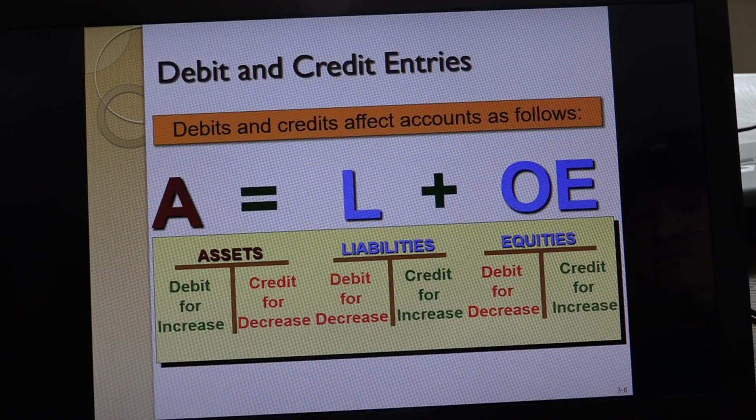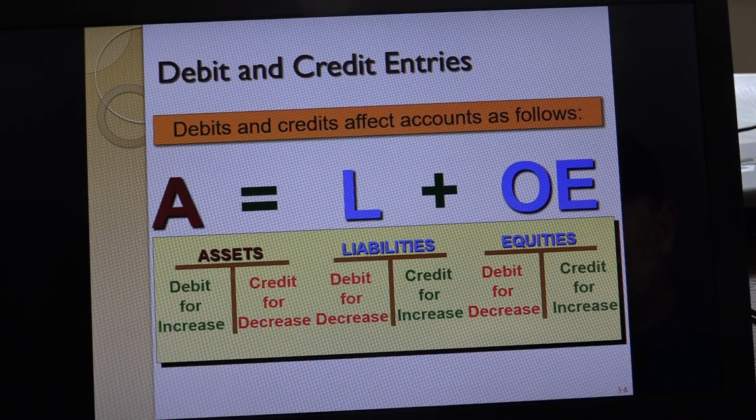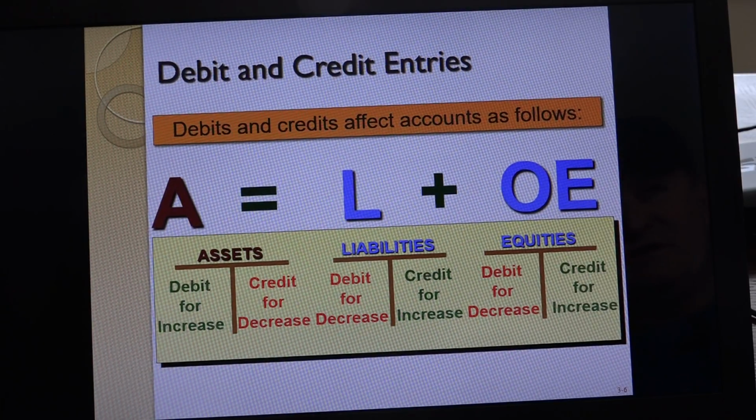All right, so this kind of proves my point. You increase an asset by debiting it, you decrease it by crediting it, just the reverse for liabilities. You debit for a decrease, you credit for an increase. And then overall, owner's equity is increased by crediting it, but again, there are four accounts you have to deal with, so it depends on the account whether you debit or credit a particular account to increase or decrease it.